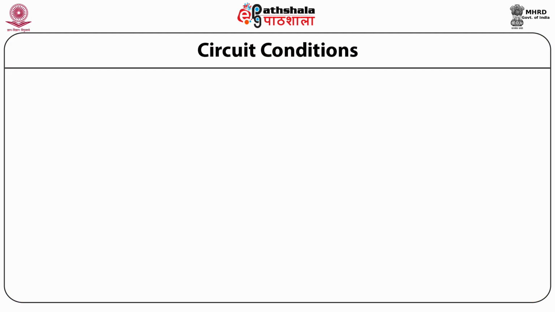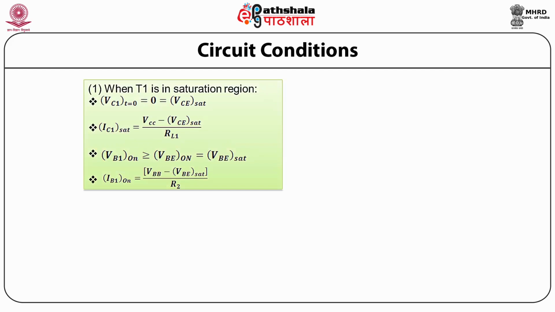So students, let us now discuss the different circuit conditions. First, when T1 is in the saturation region, VC1 equals VCE saturation, approximately 0, or we can say IC1 saturation equals VCC minus VCE saturation divided by RL1.